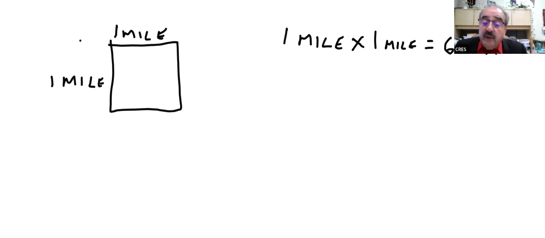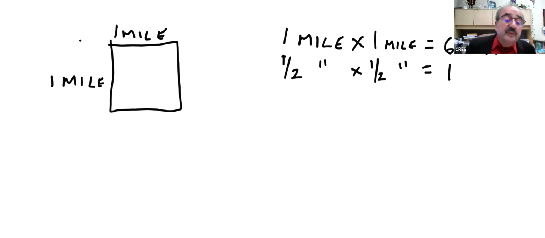Then, pay attention now, a half mile by a half mile equals how many acres? What do you think? 320 possibly? Wrong. 160 acres. I'm going to show it to you.